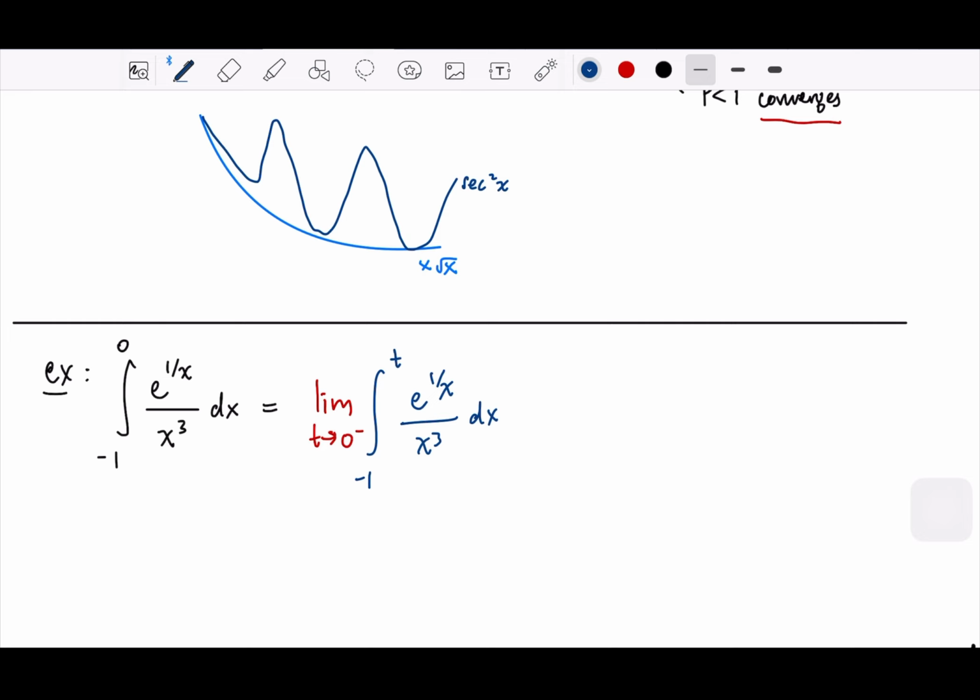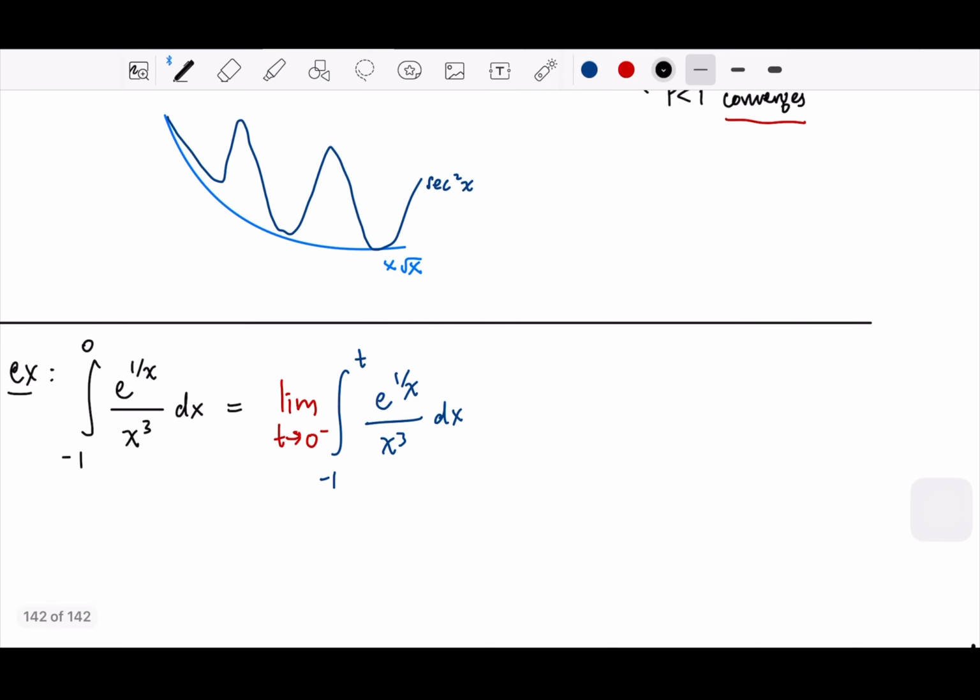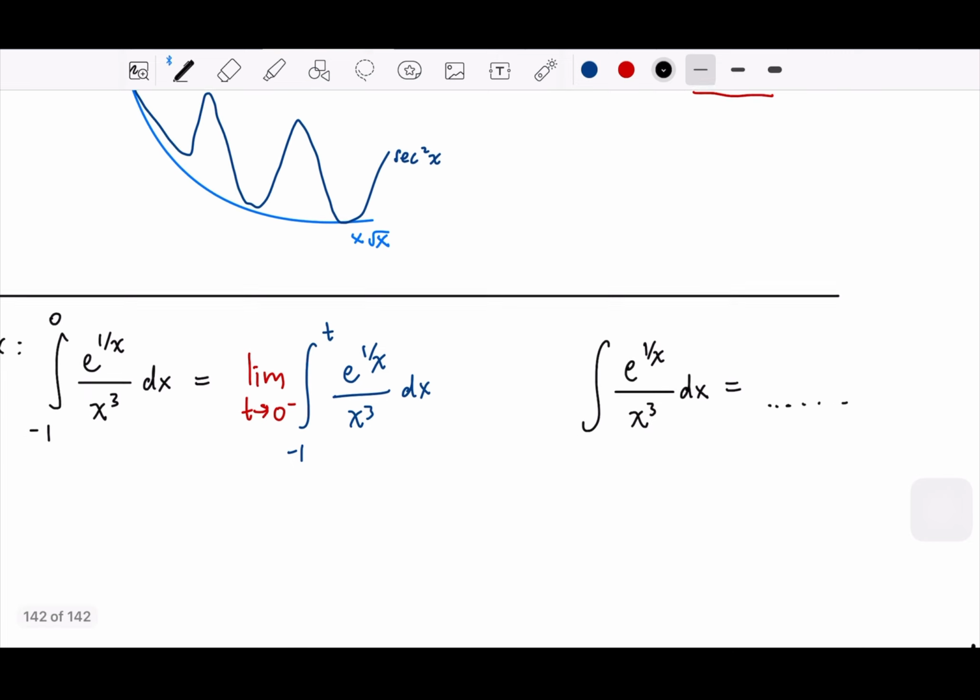So you could try that as the first step. So try evaluating just the function itself. But I think the technique itself needs time.